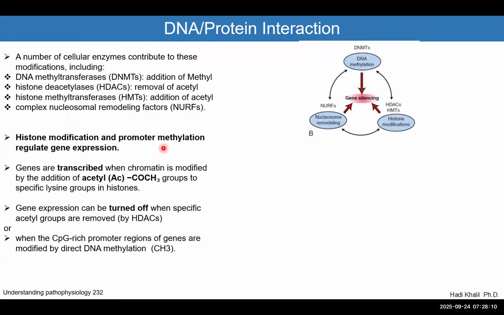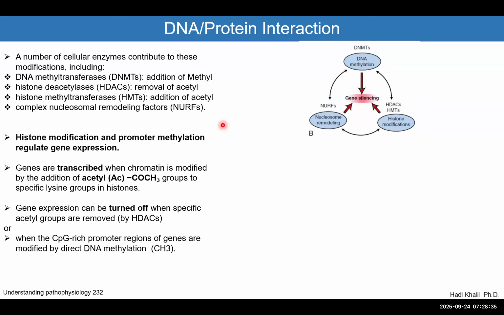Okay. Now, of course, there are other complexes that take place when there is transcription or replication. Those proteins don't function separately. They form complexes. And some of those proteins, like nucleosomal remodeling factor complexes, can perform multiple changes on the complex itself.